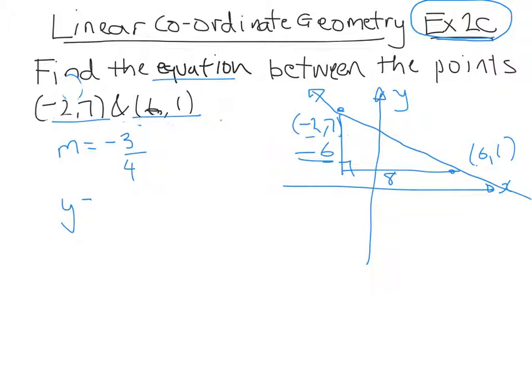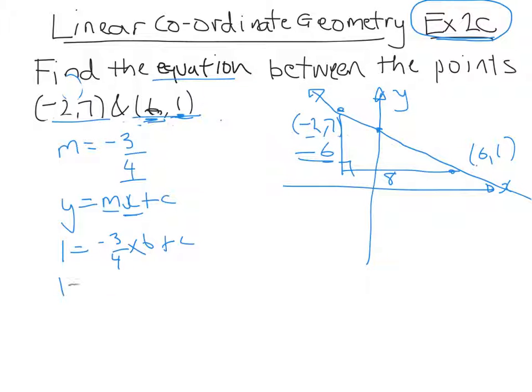Now we also know that y equals mx plus c, and we know a pair of x and y values, and we know m. So in place of y, let's put in 1, because that's the y-coordinate there. In place of m, that's minus 3/4. In place of x we can put in 6, and the only thing we don't know is the intercept, which we'll work out now.